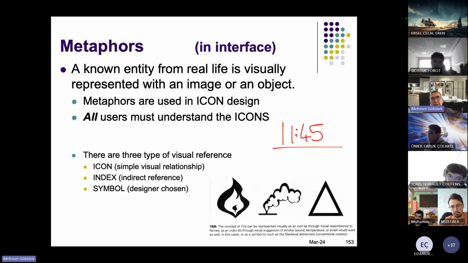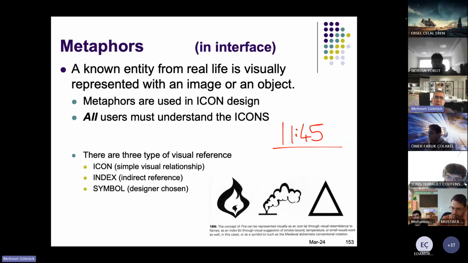Symbol, on the other hand, is a modified version of the icon. At the beginning, there could be a relation, but the relation is weakened so much that maybe there is no relation at all. So it becomes like a pictorial alphabet.